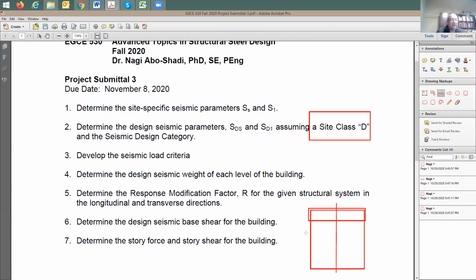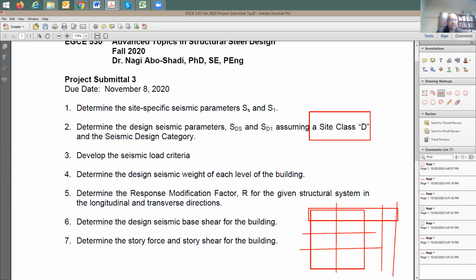You're gonna have here, let's say, roof, third, second, seismic weight per square foot, 1, 2, 3, and then after that, the floor area. So you can come up here and then put the floor area, 1, 2, 3, and then after that, total weight, which is the total seismic weight. You just fill in these spaces, right?